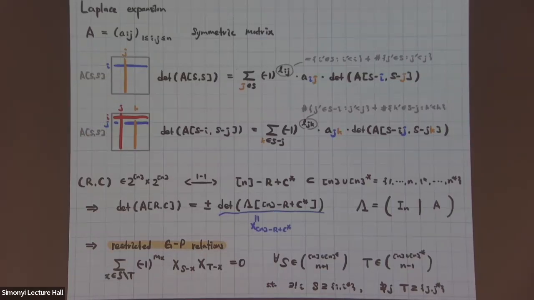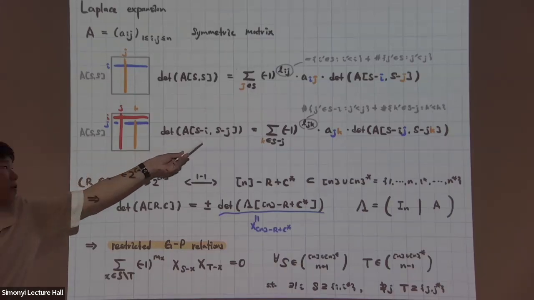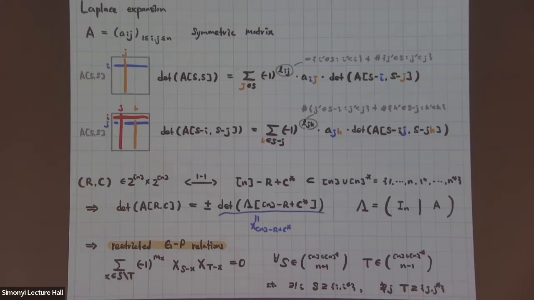And also, if you start from the almost principal minor, then you can still get a similar result. We have two different relations, but we can make them one single formula. This is quite simple.